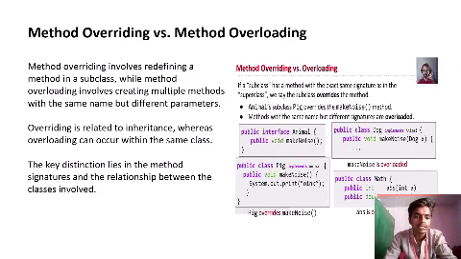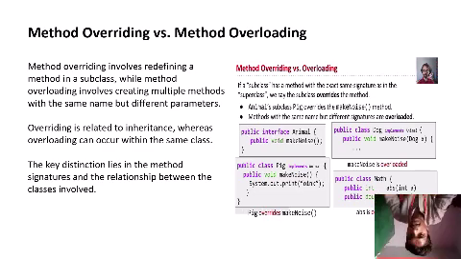The key distinction lies in the method signatures and the relationship between the classes involved. If a subclass has a method with the exact same signature as in the superclass, we say the subclass overrides the method. Animal's subclass Pig overrides the makeNoise method. Methods with the same name but different signatures are overloaded.